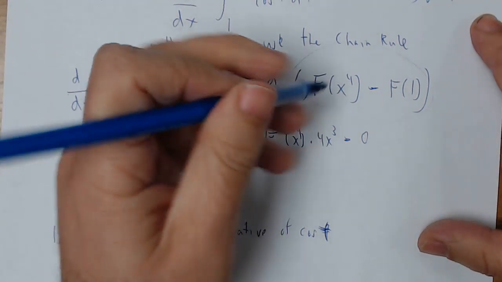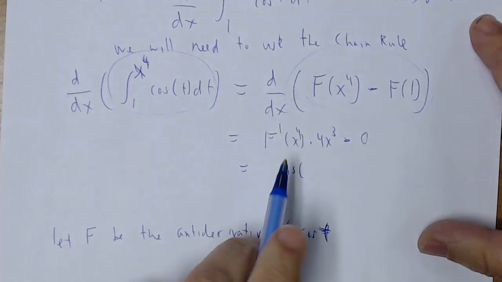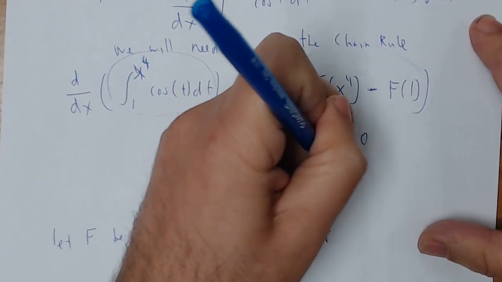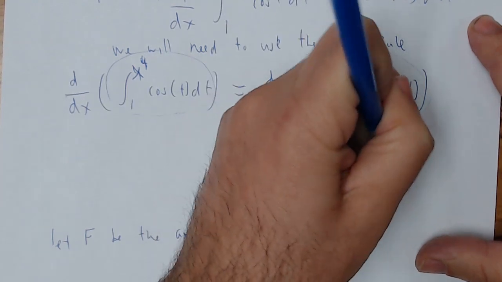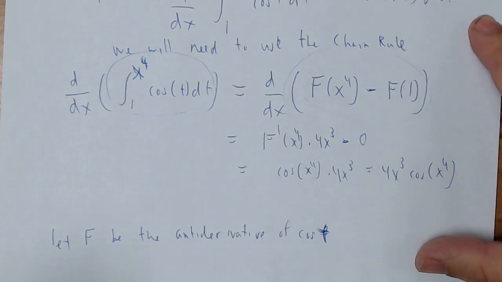So what does this become? This becomes cosine, but instead of t I get x to the fourth, times 4x cubed, which is 4x cubed cosine of x to the fourth.